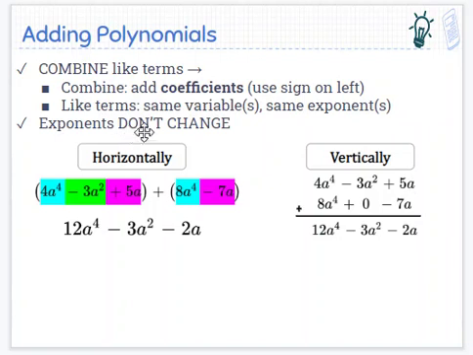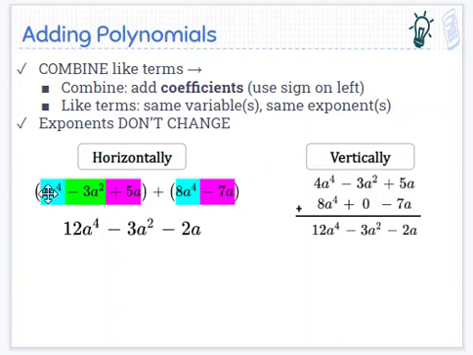Remember, we do not change the exponents. So one example, we have 4a to the fourth minus 3a squared plus 5a in the first set of parentheses. Plus, the second set of parentheses is 8a to the fourth minus 7a.